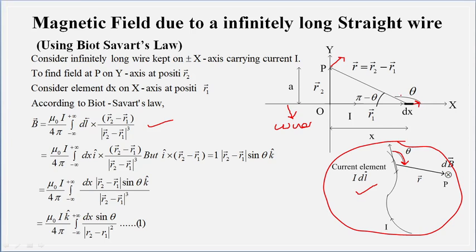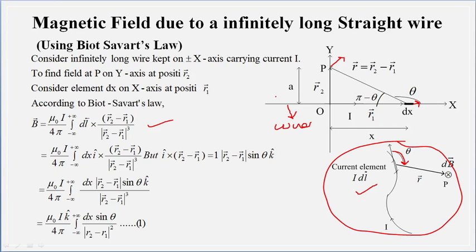The position vector of the element from O is vector r1. The distance from the element to the point is vector r, which can be written as vector r2 minus vector r1. Beside that, this angle is pi minus theta, since the total is 180 degrees. This is how it is drawn here.